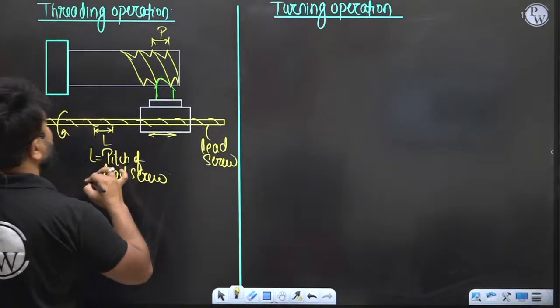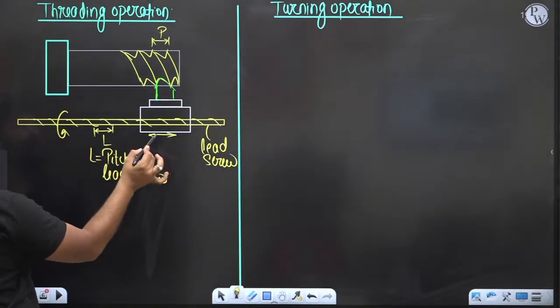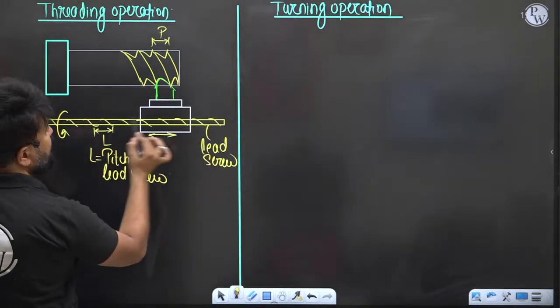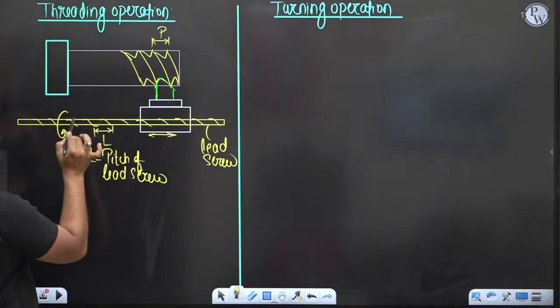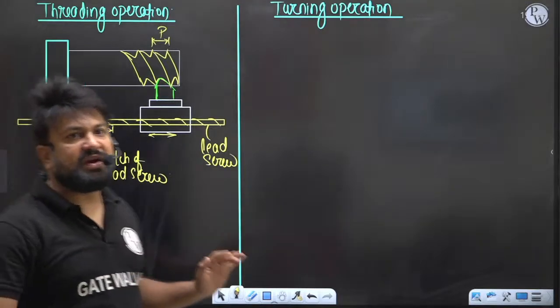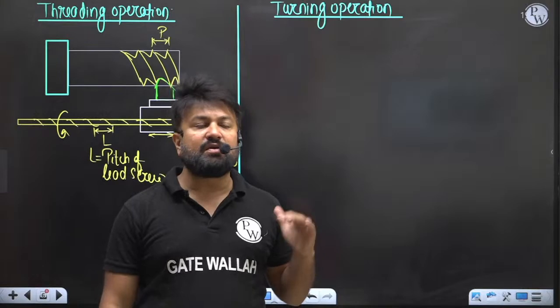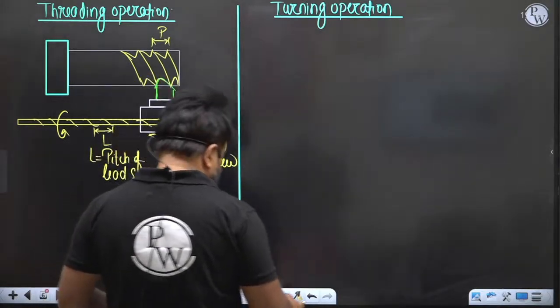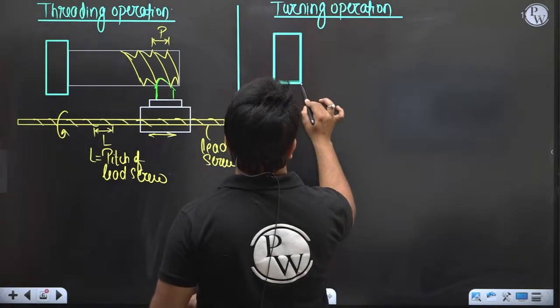According to the linear motion of the carriage, which is based on the rotation of the lead screw, the desired pitch can be produced on the given workpiece.